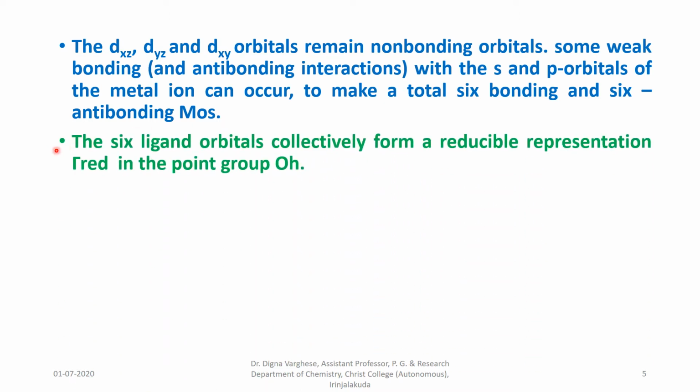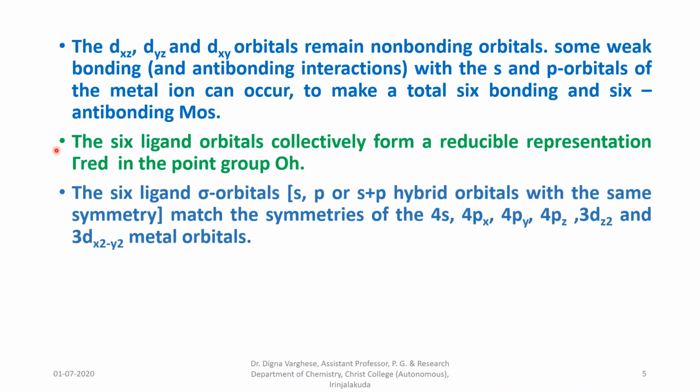The 6 ligand orbitals collectively form a reducible representation in the point group Oh. The 6 ligand sigma orbitals, that is sp or s plus p hybrid orbitals, have the same symmetry that can match the symmetries of the 4s, 4px, 4py, 4pz, 3dz square and 3dx square minus y square metal orbitals.